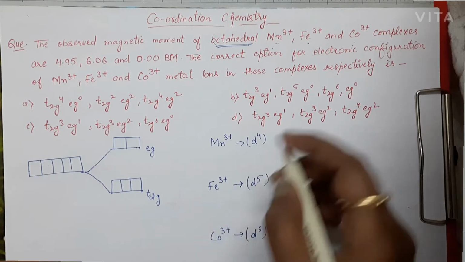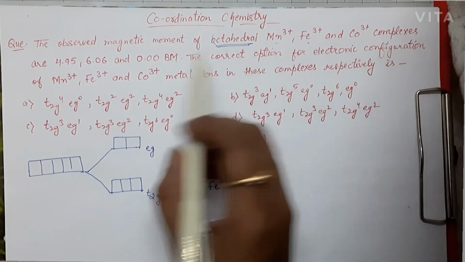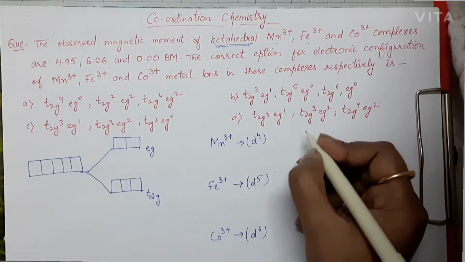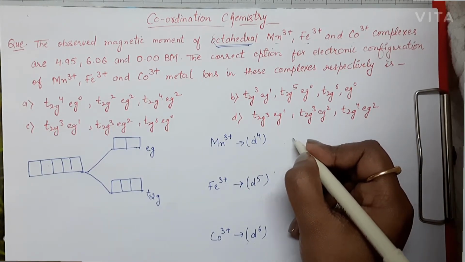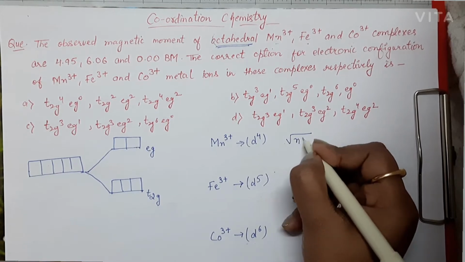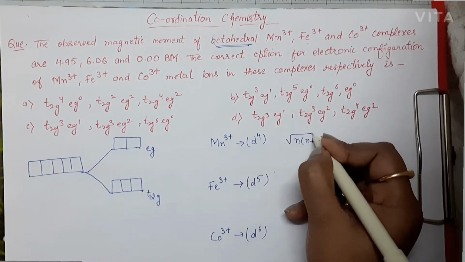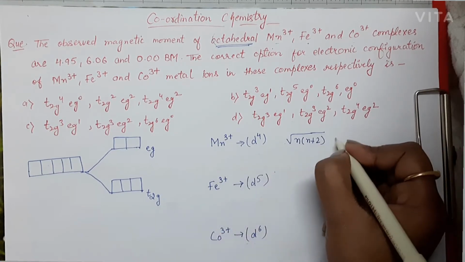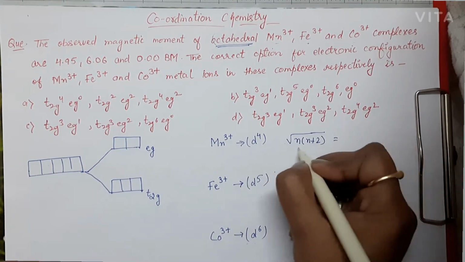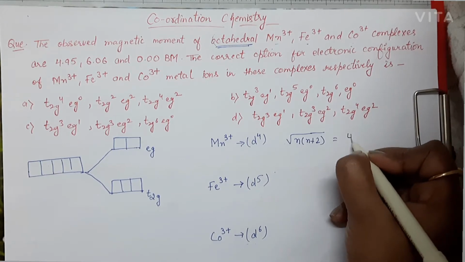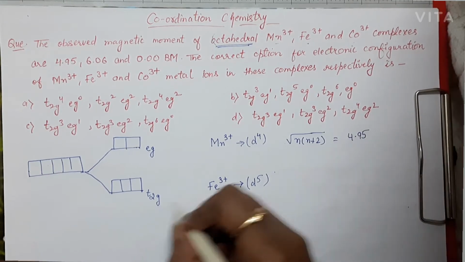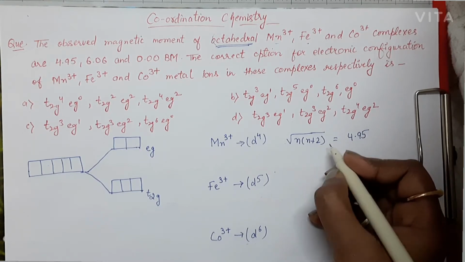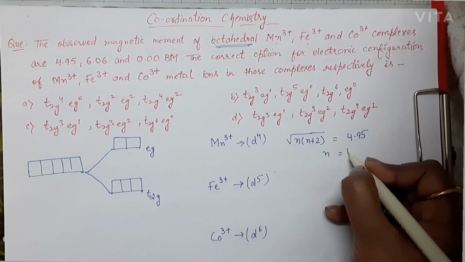Now they have given the magnetic moment values in these three complexes. We know that magnetic moment will be equal to root under n into n plus 2, and the value will be in Bohr magneton. In case of Mn3+, the value of this magnetic moment is given as 4.95. Now if you square both sides and calculate the n value, you will get n is equal to 4.